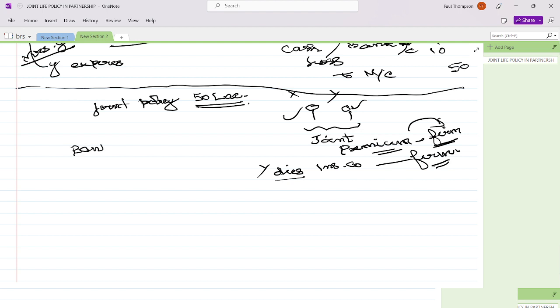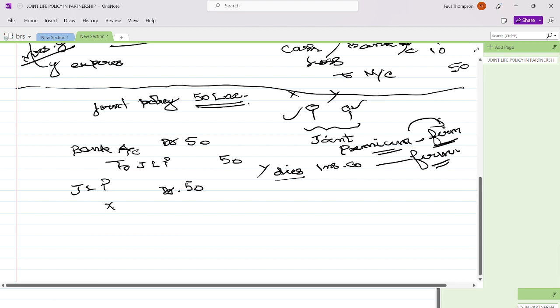Bank or cash account, debit. Let me take it as bank account here. Debit 50 lakh to JLP, joint life policy, 50 lakh. Now this joint life policy will be distributed to the partners, assuming that their profit sharing ratio is equal. X's capital account will get 25 lakh and Y will get 25 lakh.